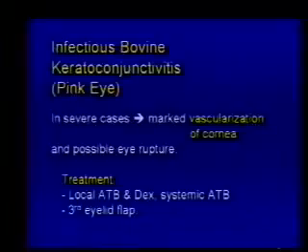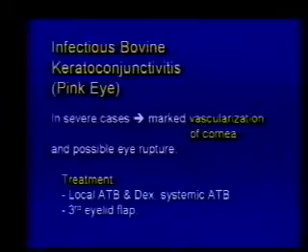This is usually a condition in young animals, 3 to 6 months of age. If in a group of 10 calves, 1 or 2 begin with the signs of pink eye, you want to treat the affected calf with a local antibiotic, a subconjunctival treatment.